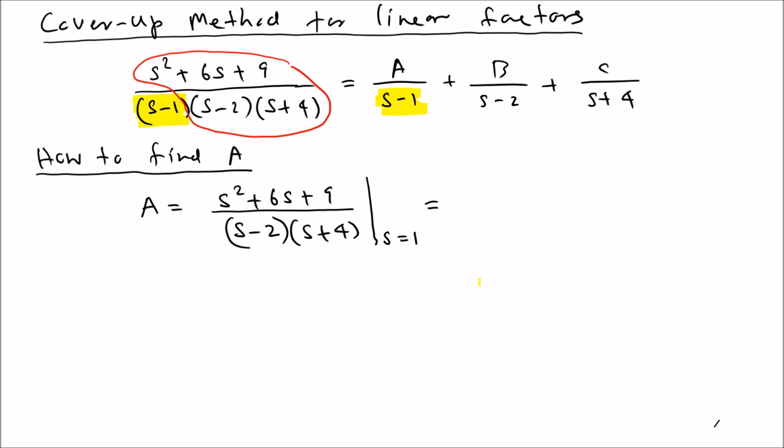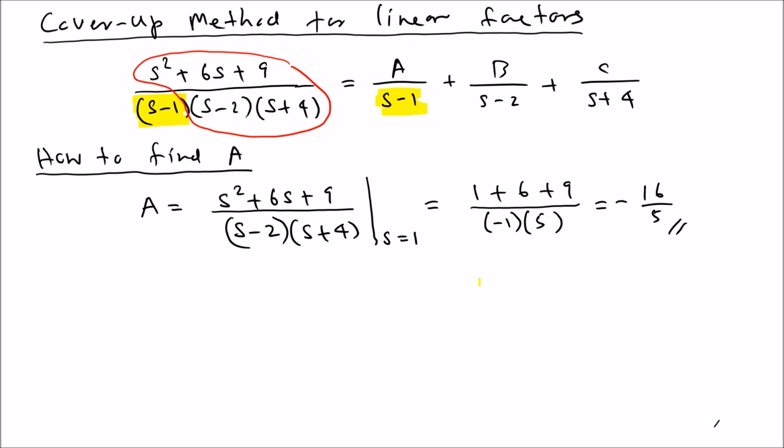If you plug in s equal 1, it is 1 plus 6 plus 9 over, in the bottom, this is negative 1 and this is 5. You can see this is exactly negative 16 over 5. That's what we call the cover-up method, and you can use that to find everything else as well.